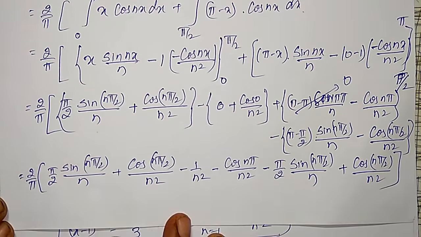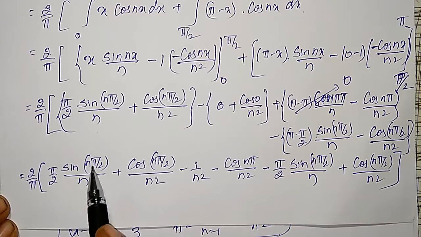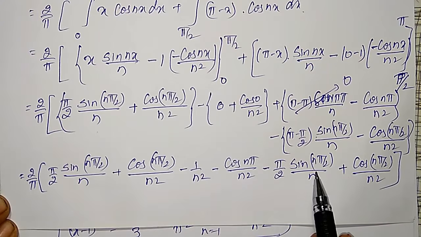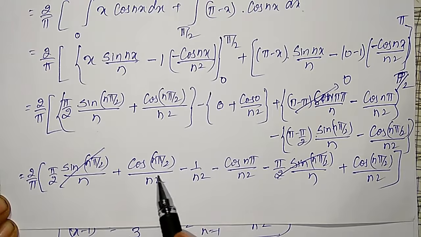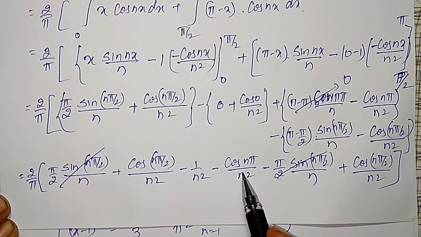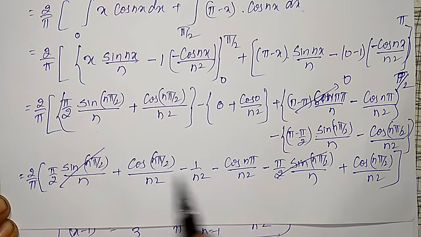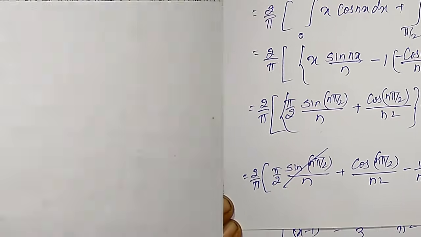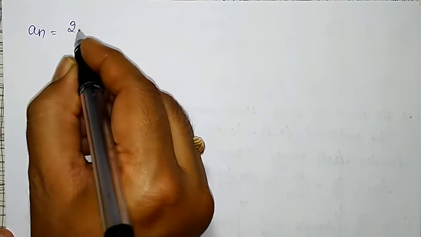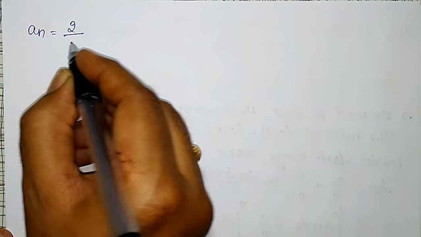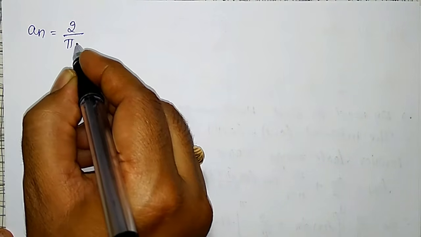And which terms are going to cancel here? Pi by 2 sin n pi by 2 divided by n, plus and minus, cancel. And here, n pi by 2 terms, minus plus, no other terms are going to cancel. Next, my Fourier coefficient a n will become 2 by pi, and n square I will take common from all the terms.